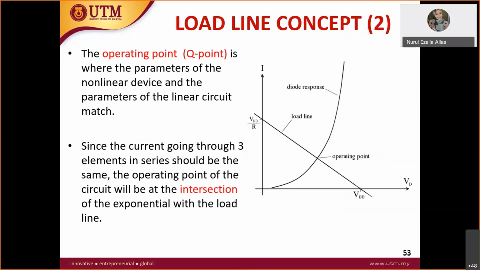This is what I have shown you just now. This is your IV characteristic, and you have to define this load line. In order to define the load line, you need to get these two points, point number 1 and point number 2. The intersection will give you the operating point, or what we call the Q point.